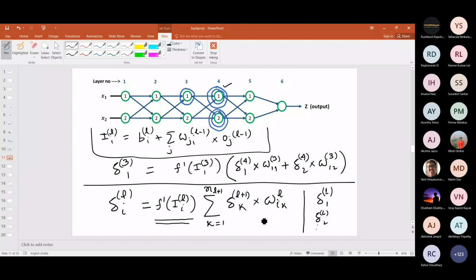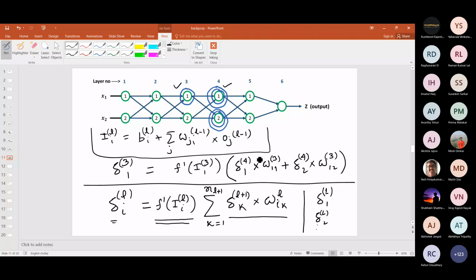If you look at this expression, this is nothing but the weighted sum of this expression for all the neurons it is connected with. Remember that while I am computing this delta value for this one, I know this is connected with this two one. So if you look at this particular expression, it is the weight into delta of this one plus this weight into delta of this one, and so on and so forth.